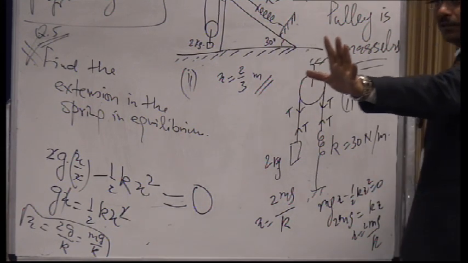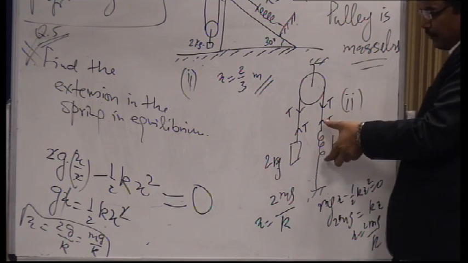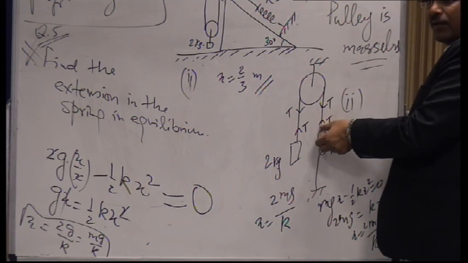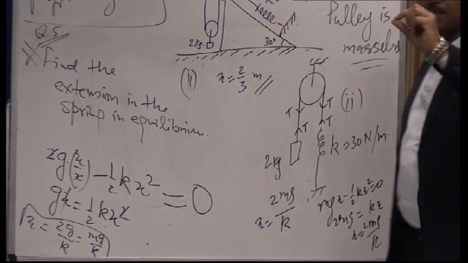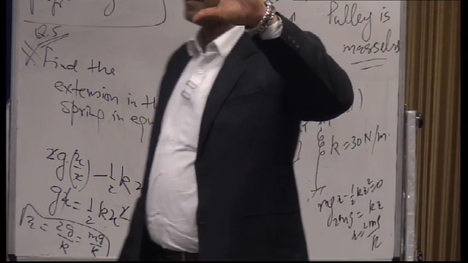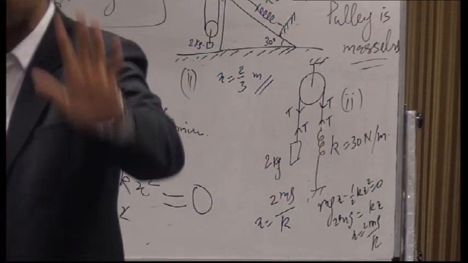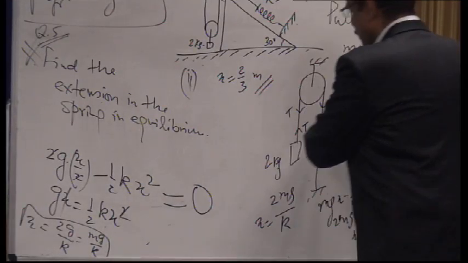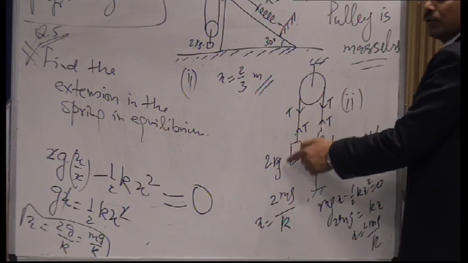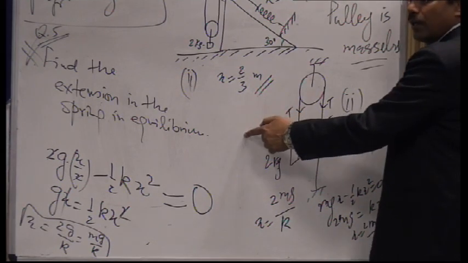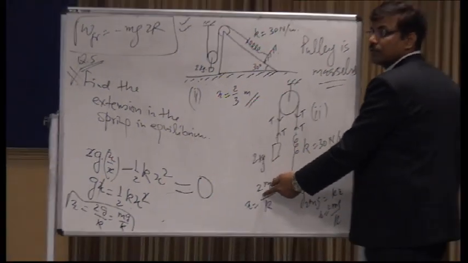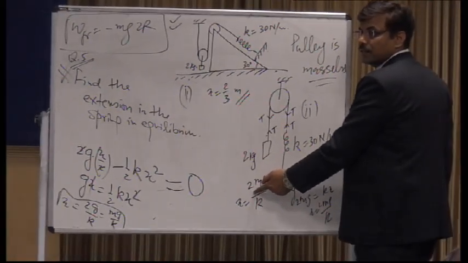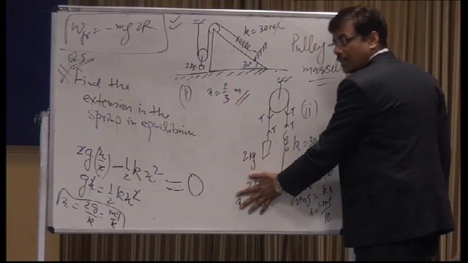T equal to mg. In equilibrium, this T will be equal to kx. When a spring is elongated by x, what is the spring force? Kx. So in equilibrium, T is equal to kx, T equal to mg, mg equal to kx, x equal to mg by k, which is half of this result. And this is the right answer. That is the wrong answer.